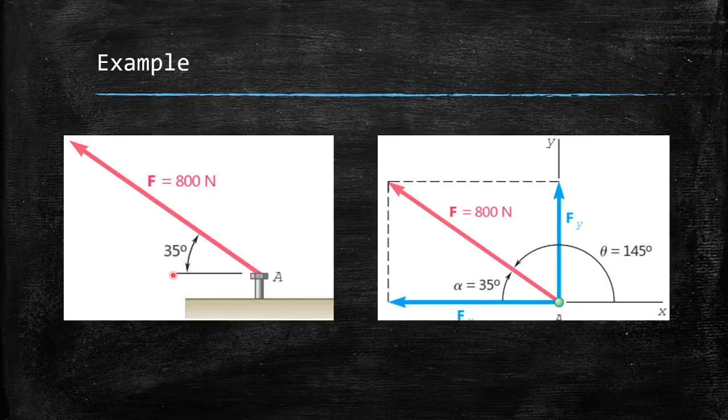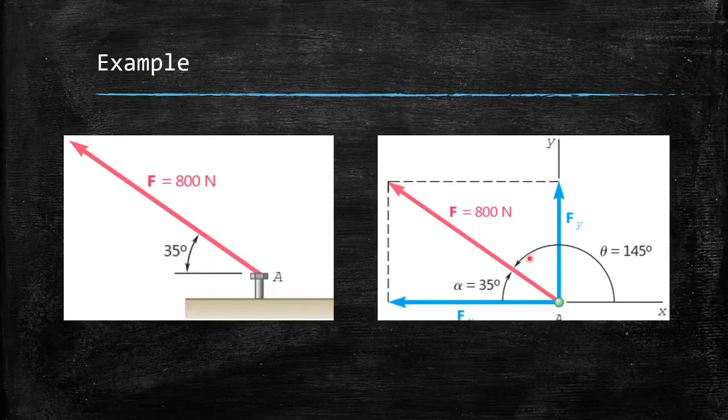But if you want to define the components of the force in the x and in the y direction, you need to take the angle with respect to the positive x-axis, and then only you may be able to apply the formula Fx is equal to F cos theta and Fy is equal to F sin theta.